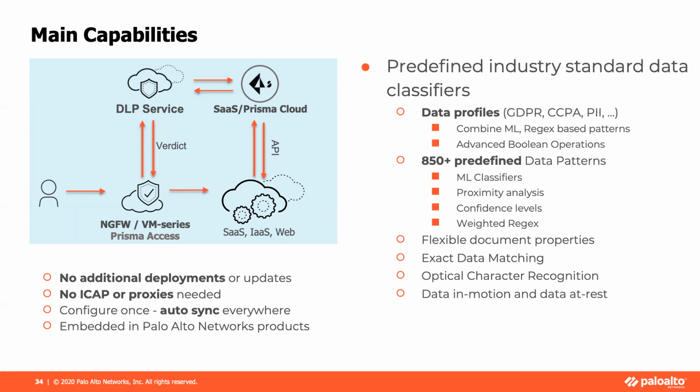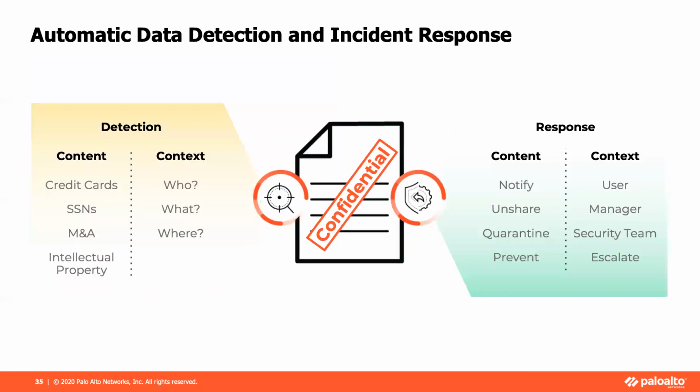We can give you confidence levels as to how we feel about the results of this, and give you the ability to build your own, look at data at rest and data in motion, to be able to then understand the context. What is this content?